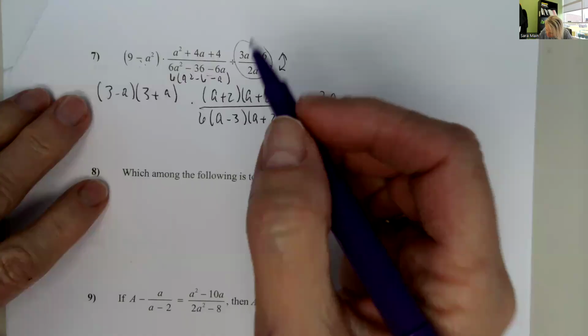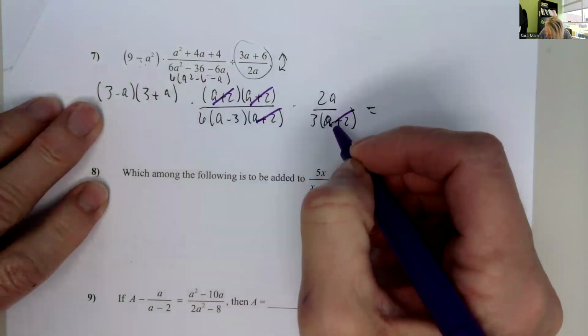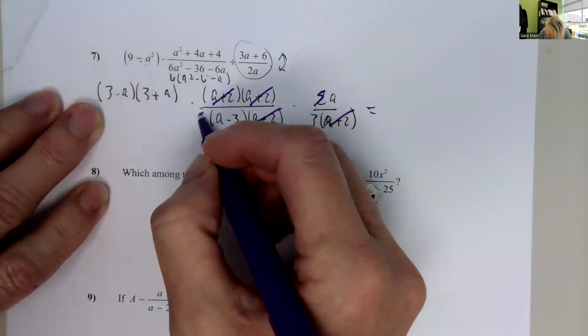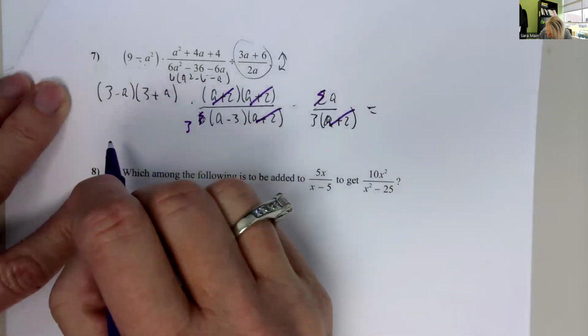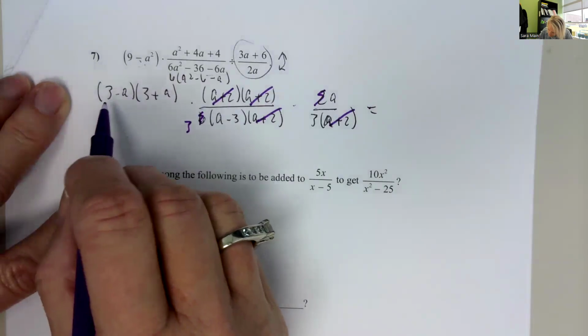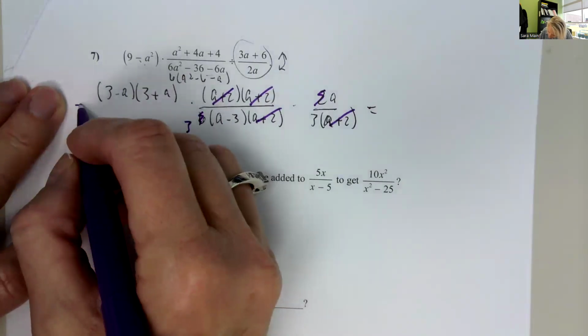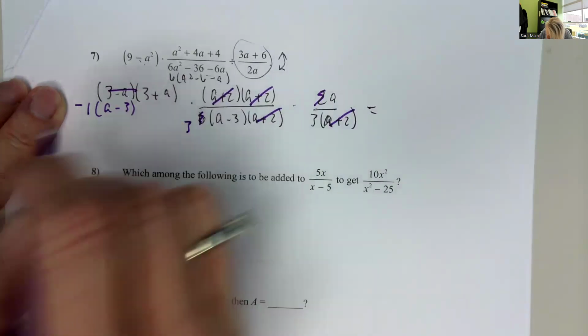Let's see what can cancel. So my a plus 2's cancel, a plus 2's cancel. 2 can go into this 6 3 times. And then this is 3 minus a. So if I factor out a negative 1 here, this will be an a minus 3.